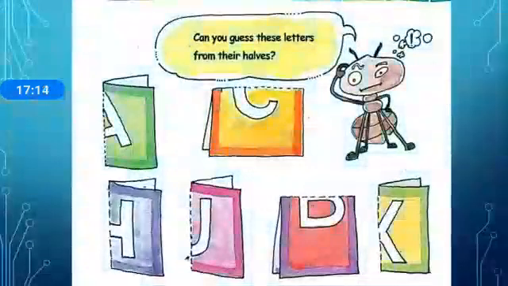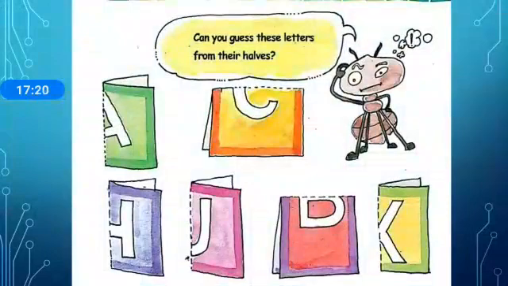Oh, this ant is so confused. She is not able to guess these letters from their halves. So I think we should help her. So should we help her? Yes, we should help her.